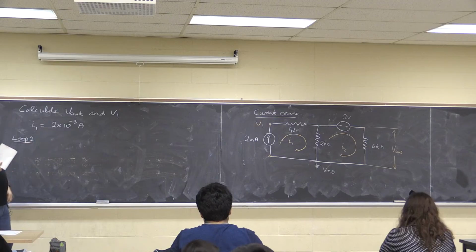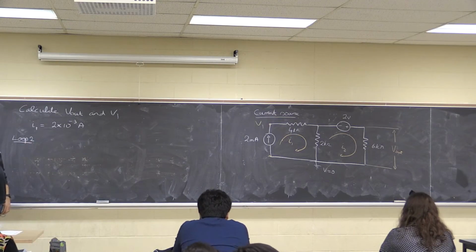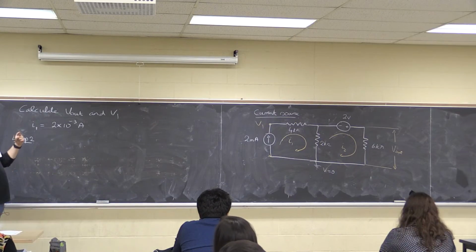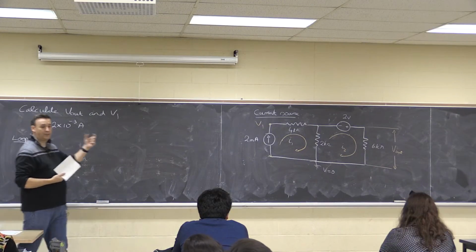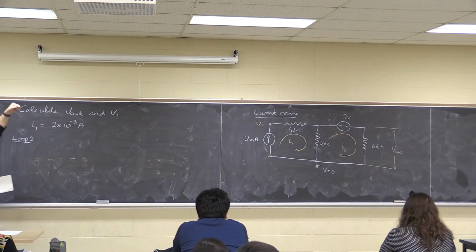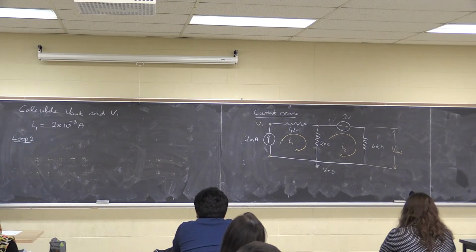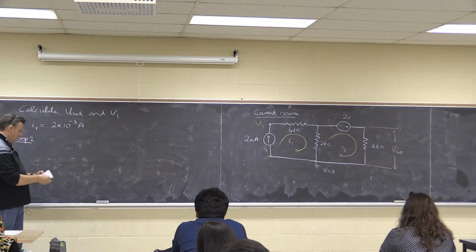I'm going through the 2 volt supply. Which way am I going? Going from the negative side to the positive side, so if I'm keeping everything on one side, I'll write that down as minus 2 volts. Voltage drop across the 6 kilo ohm resistor, I2 times 6, so there you go. That's the equation.